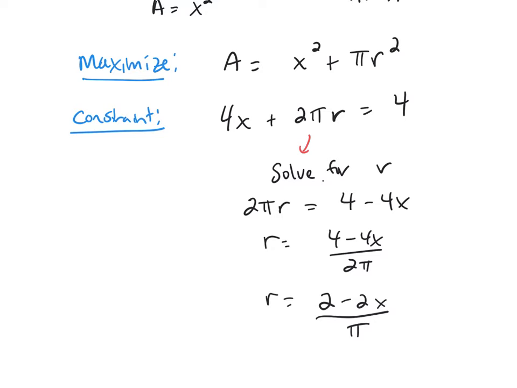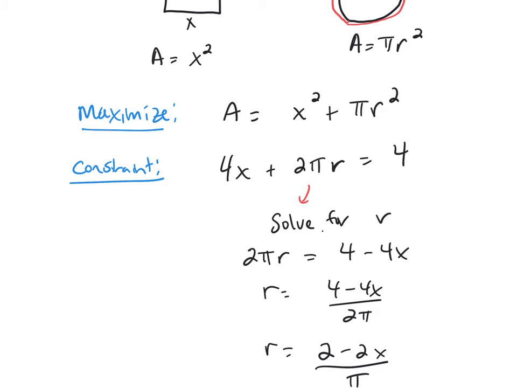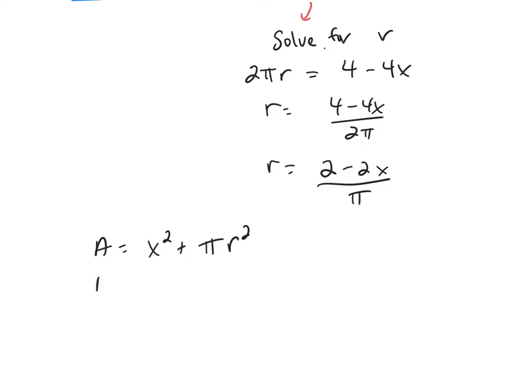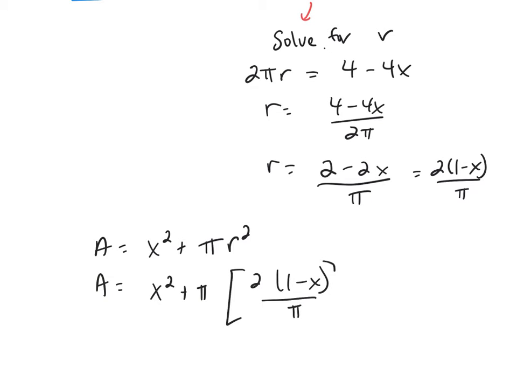And now you're going to plug this into the formula that we were trying to maximize, which was this total area. So A is x squared plus pi r squared. A will be x squared plus pi. And I'm going to go ahead and factor a 2 out here: 2 times 1 minus x over pi, squared.